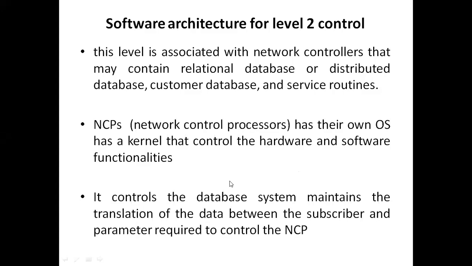Say, for example, if some customer has to be connected or to be using any facility provided by the service provider, what are the features that he or she subscribed to must be determined, and which is stored in the database.